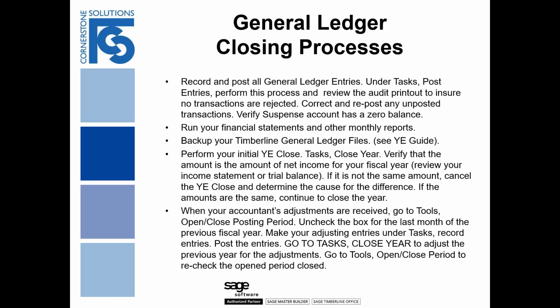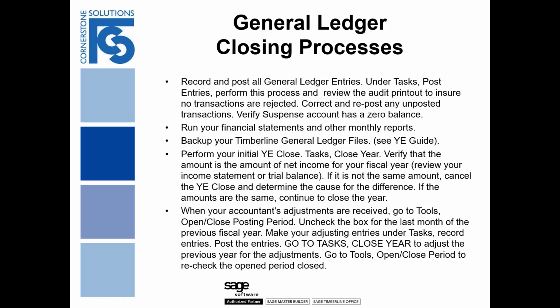You're going to have some adjustments to make. You can always go back and make prior year adjustments. But in terms of the normal processing, when we close the year, we would want to make sure that we have everything recorded and posted.